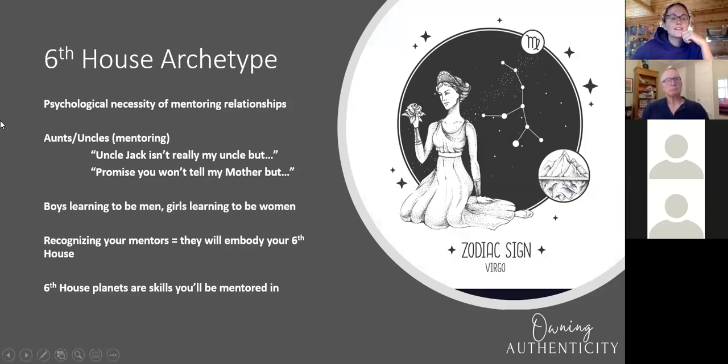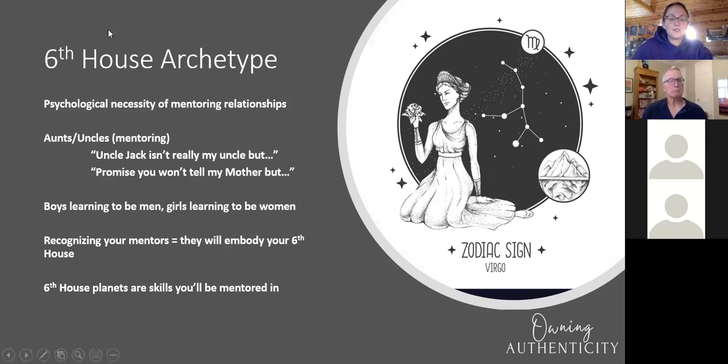So he goes on and on about mentoring and lineage, and he uses the example of aunts and uncles and how back in the day when we lived close to our family, your actual aunts and uncles played such an important role in your upbringing, where these were adults that you probably had a more casual relationship with than your parents, but they're still adults, they still love you, so it's still a safe space to talk about important things.